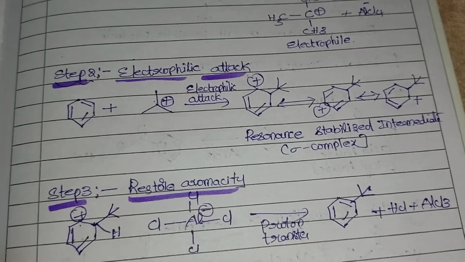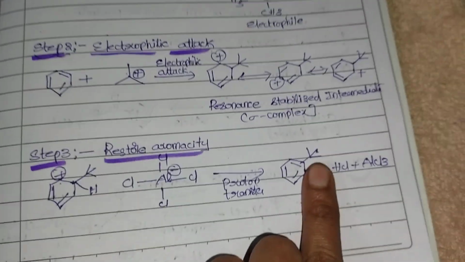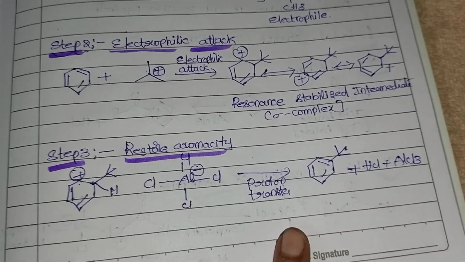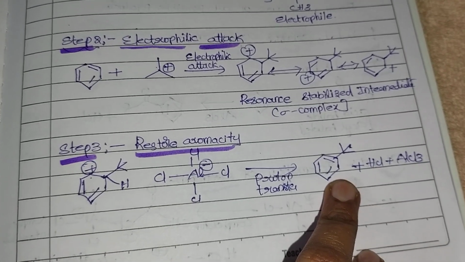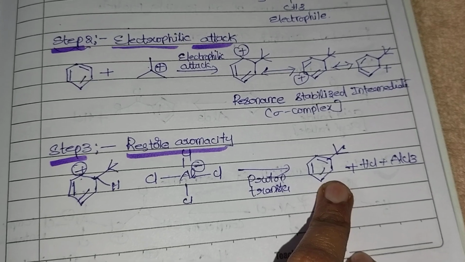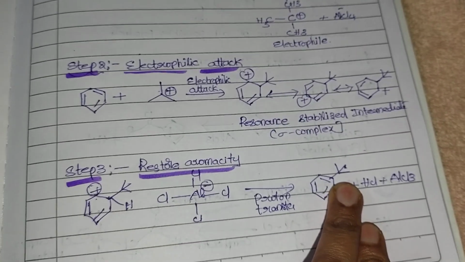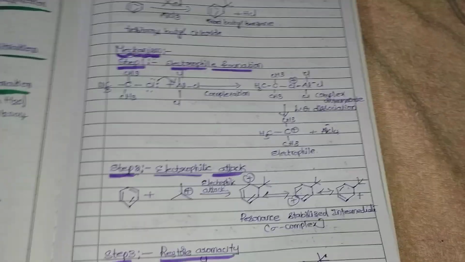To restore its aromaticity, in step 3 it will lose one proton. Proton transfer takes place in the presence of AlCl3 to form tertiary butyl benzene as the product. So this is the mechanism.